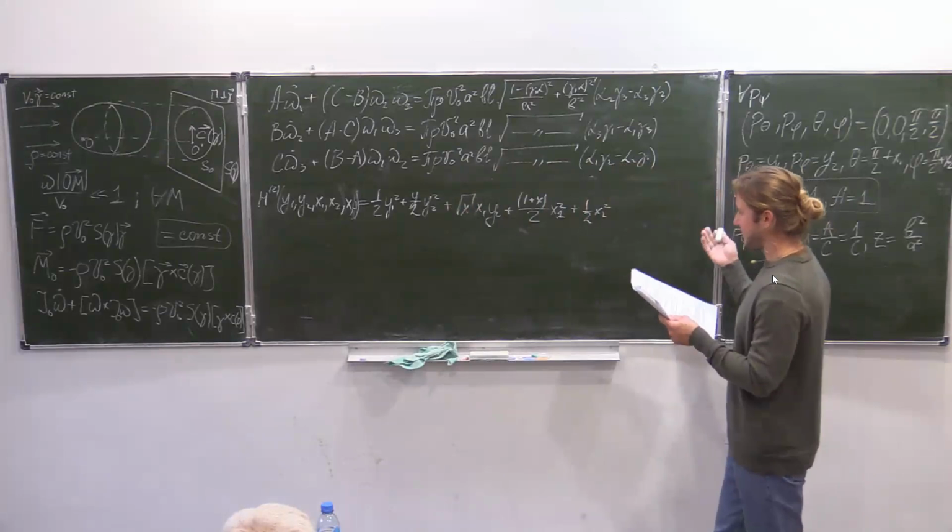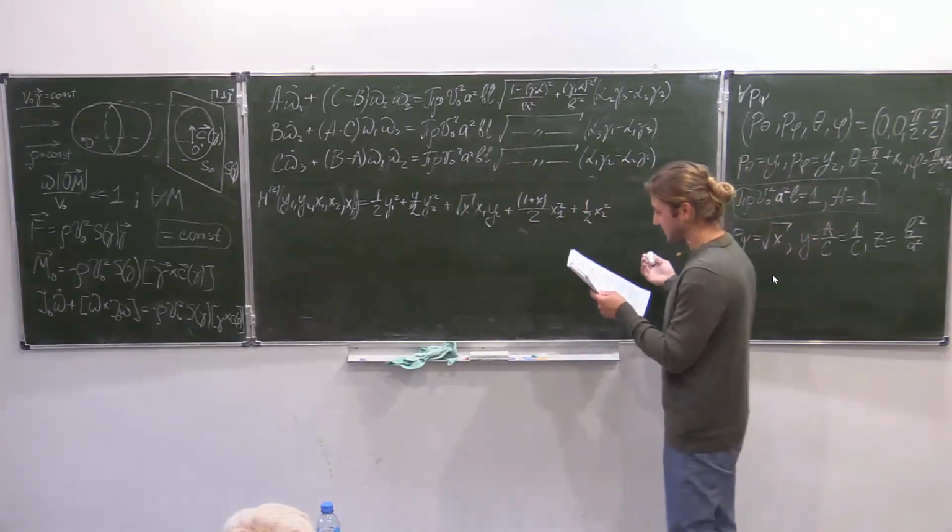And the forms of even degrees are different from 0.